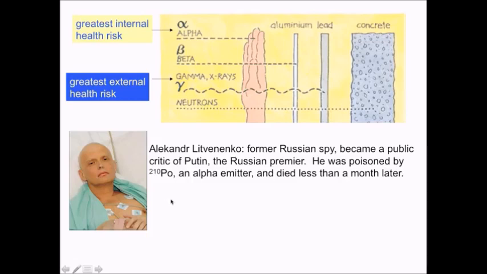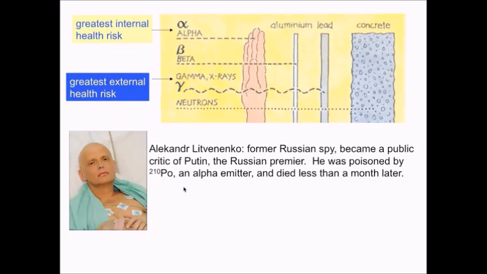Now here's a fellow that was in the news about 10 years ago. Alexander Litvinenko was a former Russian spy who moved to England when the fall of Russia happened around 1990. He was going to write a tell-all book about the Kremlin. He was meeting with his agent, supposedly, and they went to have lunch, and he was poisoned.